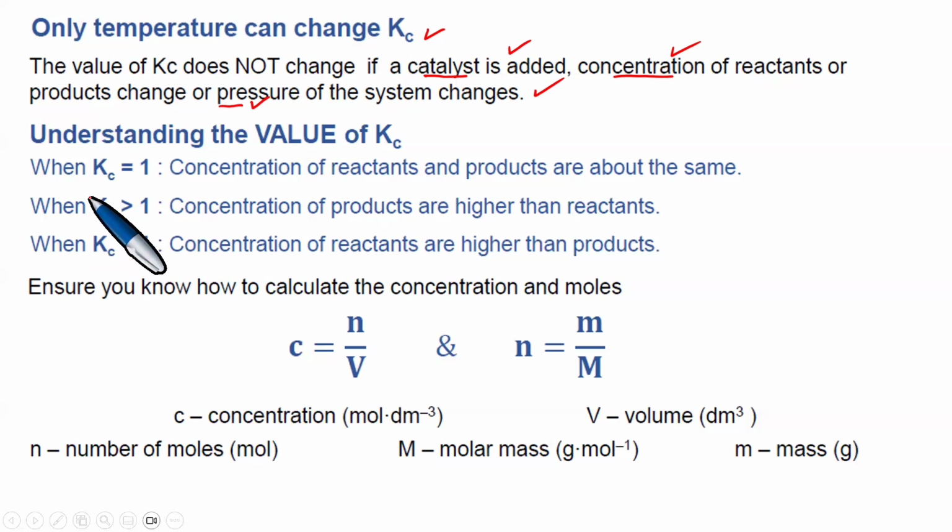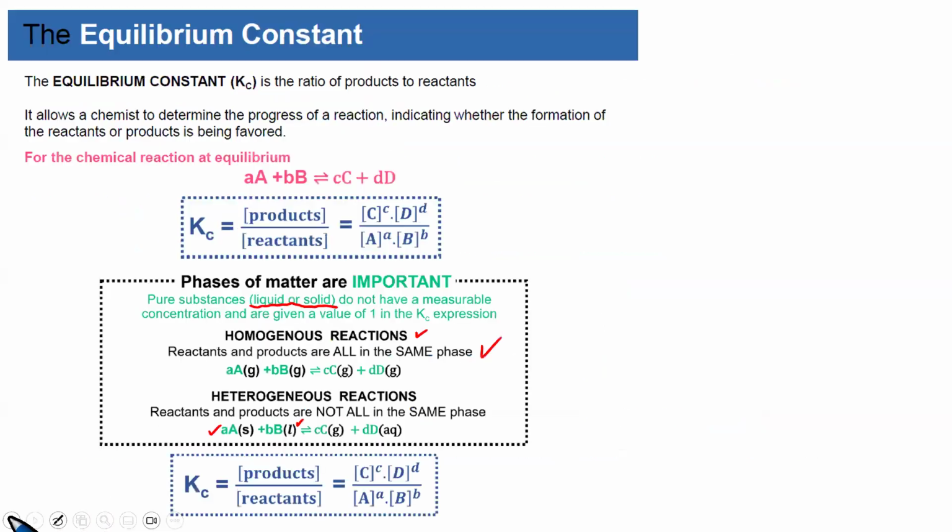Because sometimes it's greater than 1, this Kc. Yes, the concentration is 1 when it's solid or liquid? Yes, obviously when it's solid or liquid, it's 1. Obviously because, as I said here, the pure substances which are liquid or solid do not have a measurable concentration and are given a value of 1.